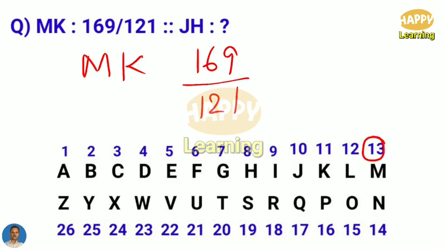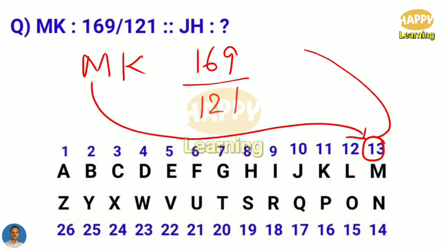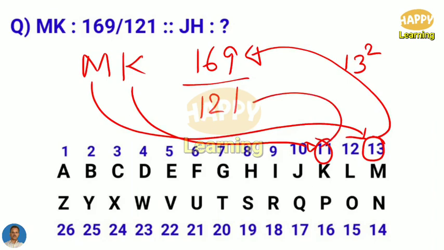What is the relation between 13 and 169? The relation is 13 square. Similarly, code for K is 11. 11 square is 121. That means the alphabet coded number square is the corresponding value here.